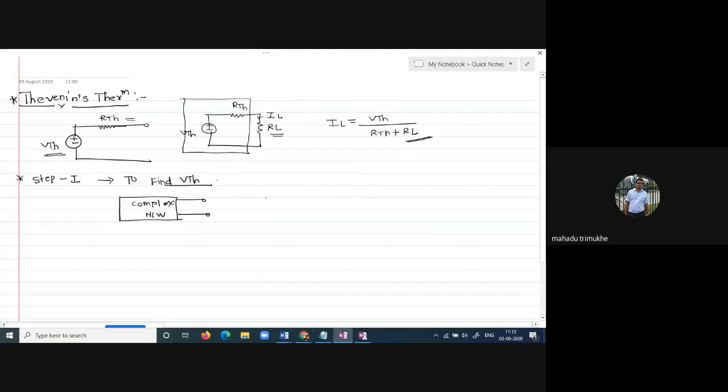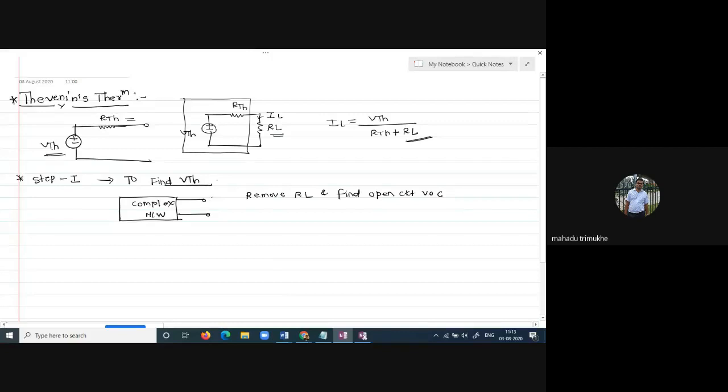We have to remove RL for finding VTH, and find the open circuit voltage VOC. That open circuit voltage VOC is nothing but your Thevenin voltage VTH.